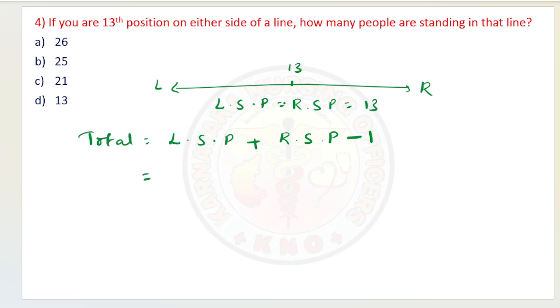So left side position is 13, plus right side position, also 13, minus 1. 13 plus 13 is 26, minus 1 is 25. So there are 25 people standing in that line. Option B is the correct answer.